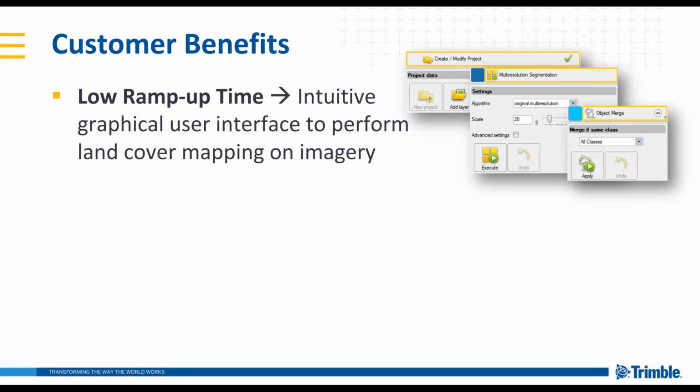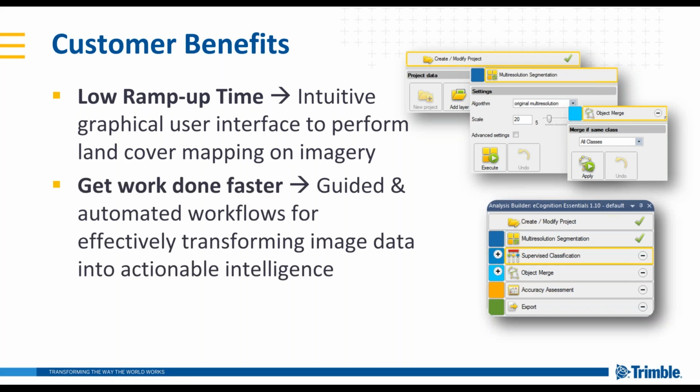You have to have no knowledge of eCognition developer in order to use and create these workflows in Essentials. This means we can get work done faster. We can jump right in, use the tools and the workflow that comes prepackaged in Essentials to create guided, automated workflows for effectively transforming our data into information.